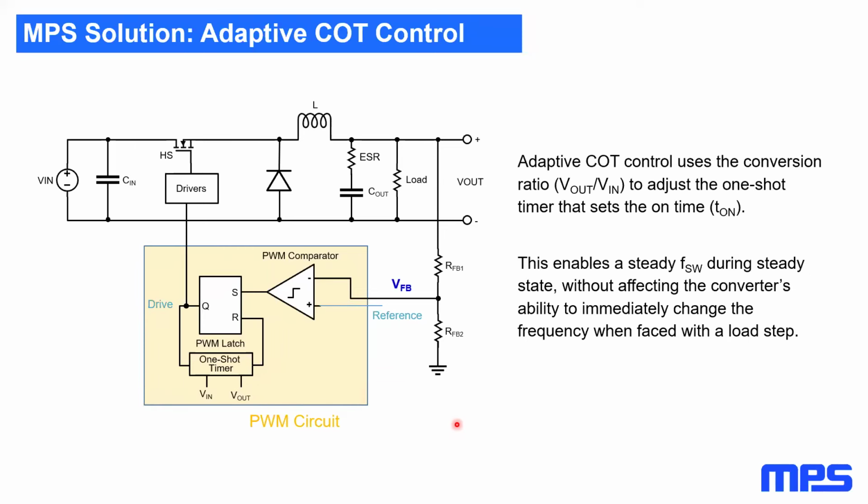So the way that we have resolved this is using adaptive constant on-time control and adding into the one-shot timer the input and output voltages so that we can maintain a steady switching frequency during steady state. So even if there's variations or noise in the input voltage, this doesn't have an effect on the switching frequency of the converter. This allows us to have a better idea, or be more at ease, of what frequencies we will be seeing in steady state.